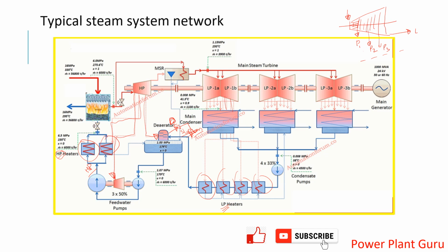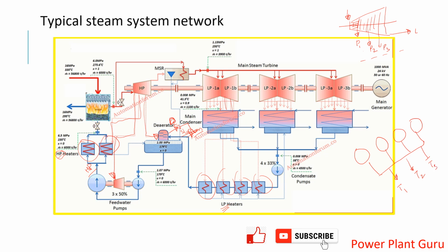In many plants, what will happen? There will be a battery of boilers, maybe two, three boilers, where all the boilers' main steam lines are there, and then you have one turbine here, another turbine here, and another turbine here.